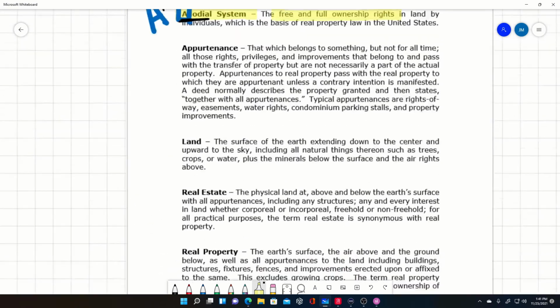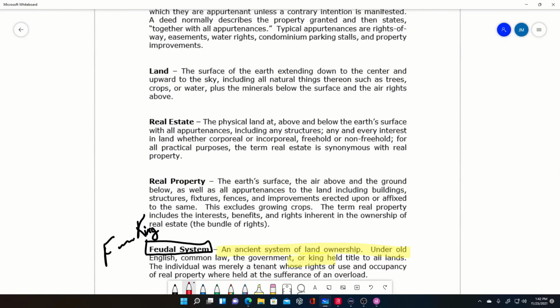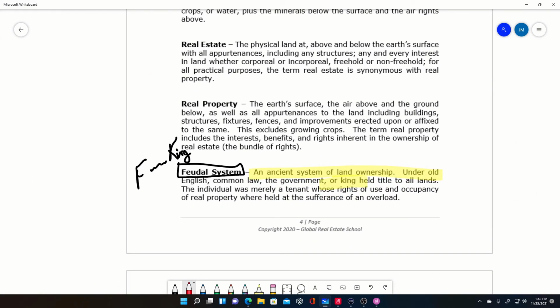So, if you see a question, just allodial, it's full and free ownership rights. This is similar to what we have in the United States, and that's why I like to remember A for America, A for allodial, and the F, feudal. Just remember the F and the K are kind of close in the alphabet, and you'll do fine there. So where the king held all title to the land.